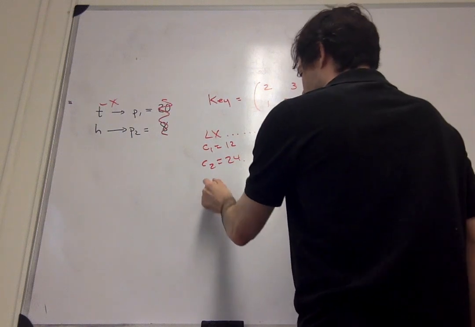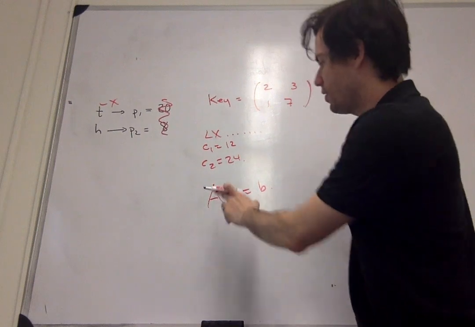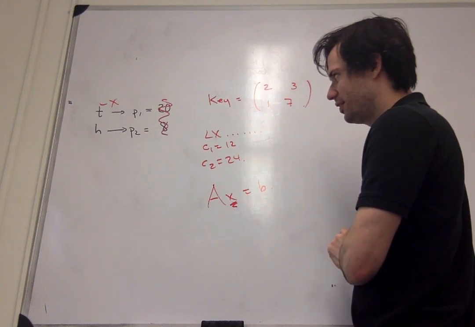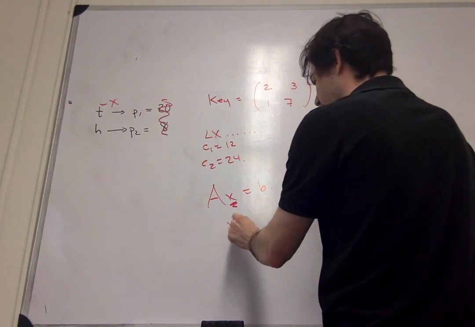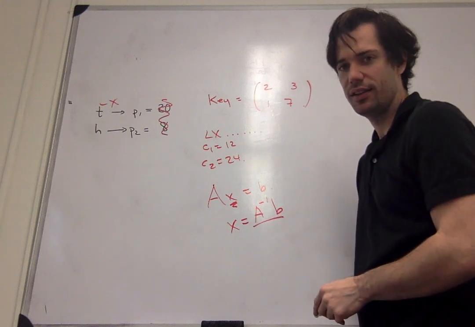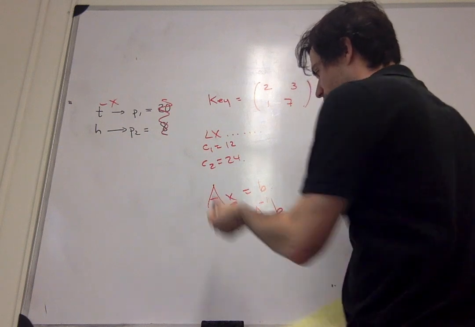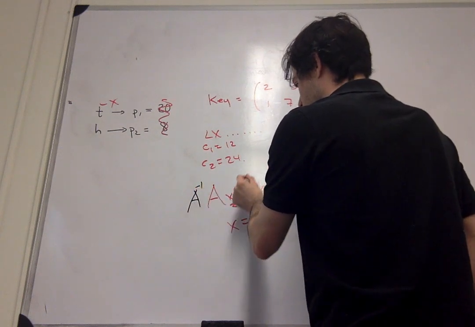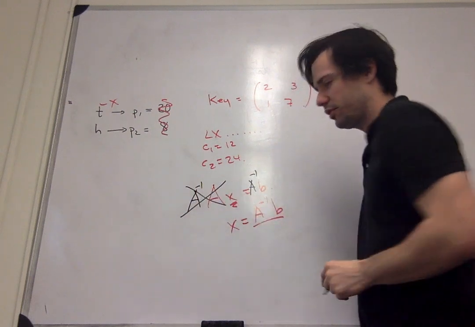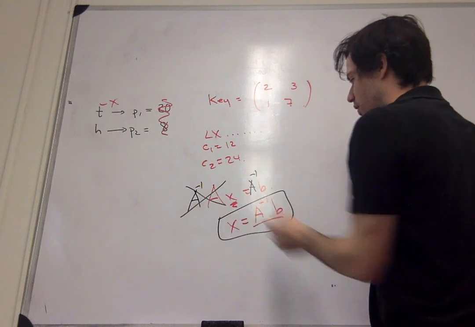Well, if I have a matrix equation AX equals B, and I know A and I know B, and I want to find X, the way I solve for X is X equals A inverse B, right? The reason that makes sense is because if I multiply A inverse on each side, A inverse and A are going to cancel, and I'll have X equals A inverse B, right?